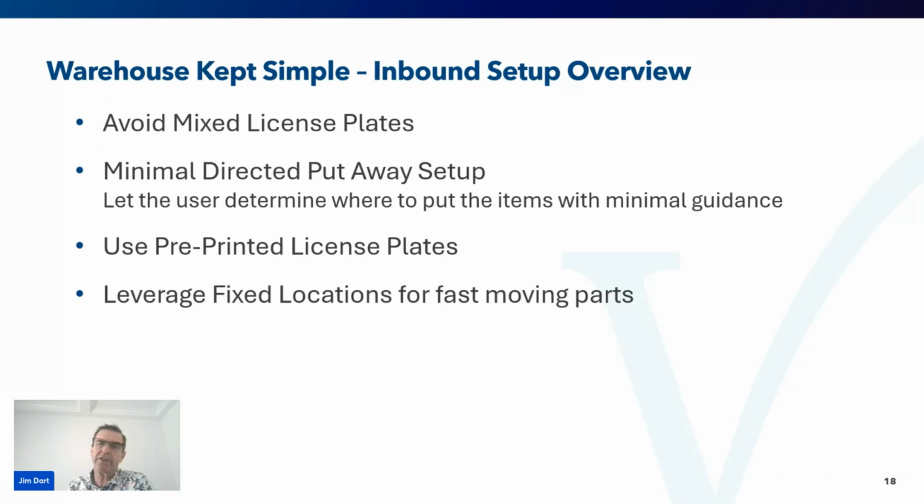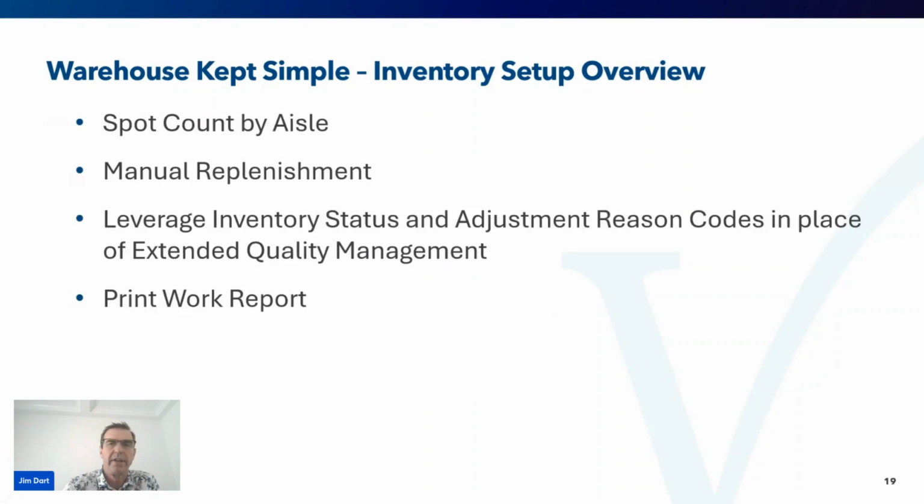And then fixed locations is a feature in D365 that can be used for fast moving parts or fast moving raw materials. The system just knows for that item where it goes all the time. No one has to think about it, and the system doesn't have to try and choose. So those are a couple ideas for maintaining simplicity in the inbound design processes for warehouse management.